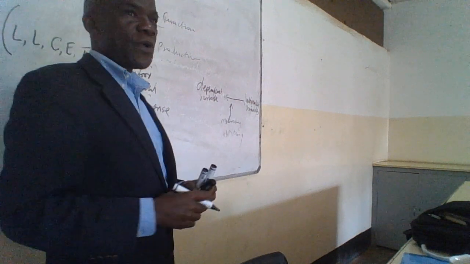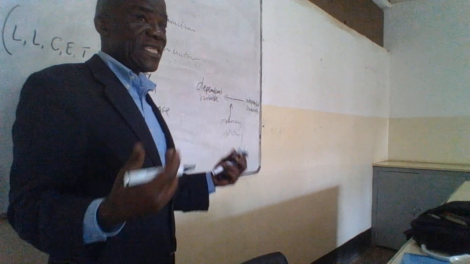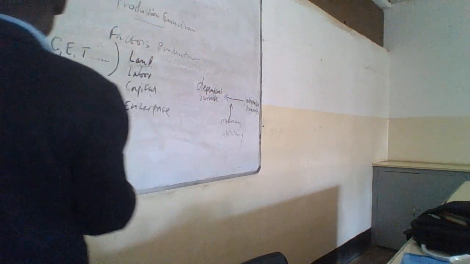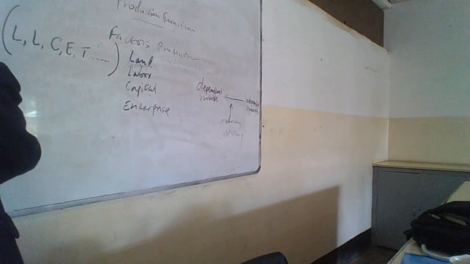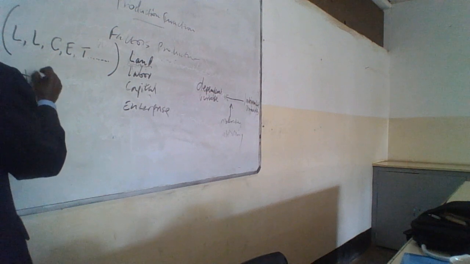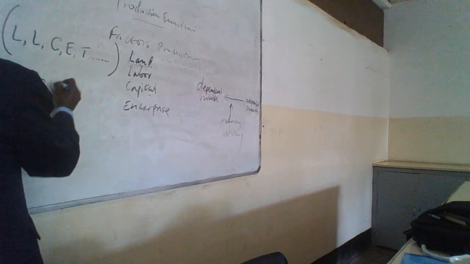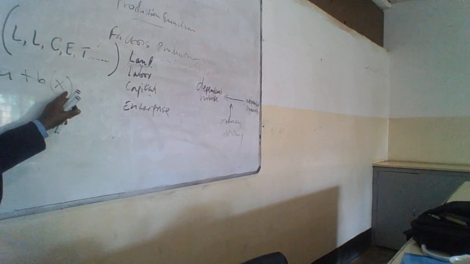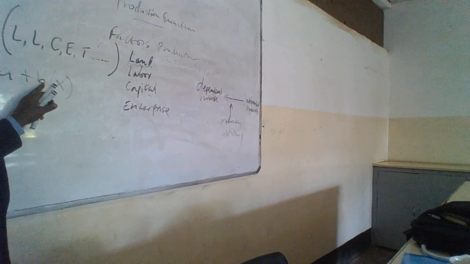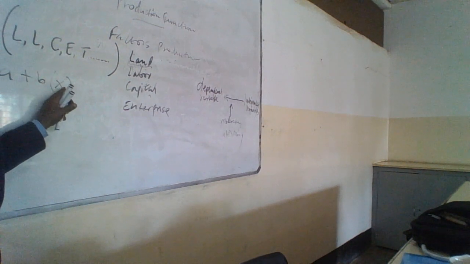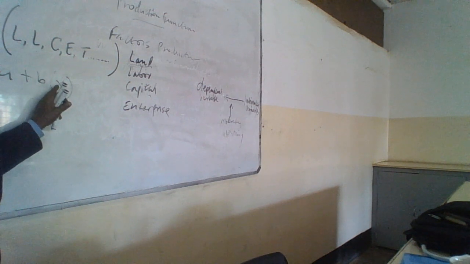In a situation where this kind of relationship is linear, we can also say that this Q is equal to A plus B X, where X represents all the factors, and B is the coefficient of the various proportions of each factor.